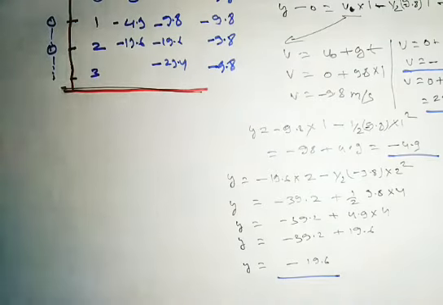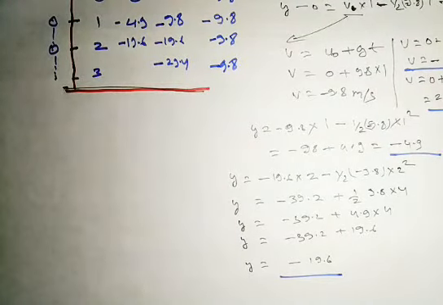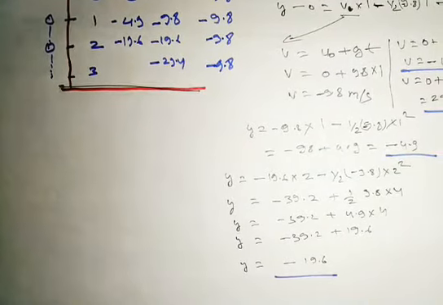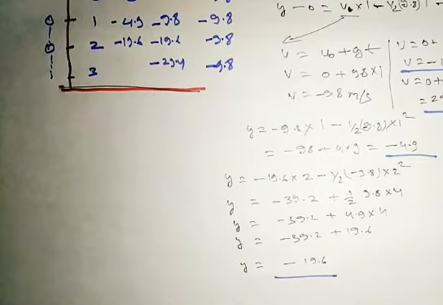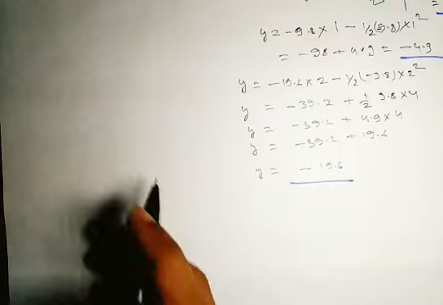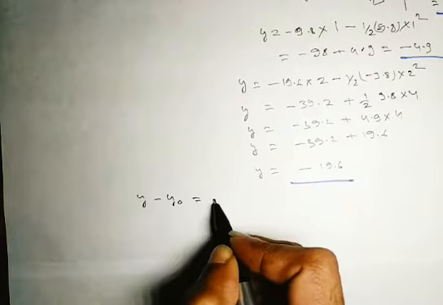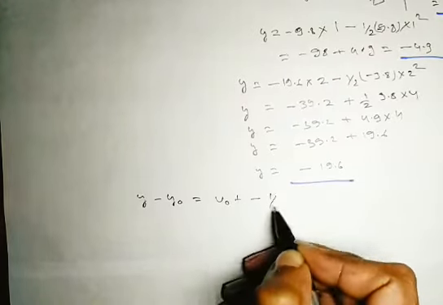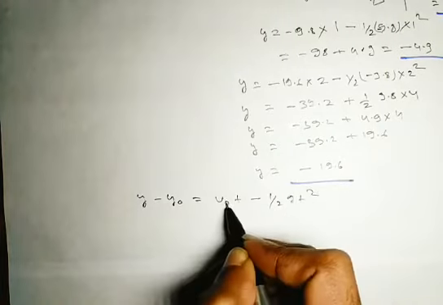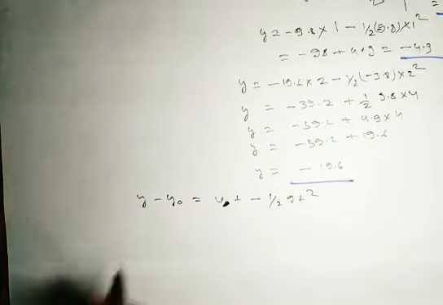So we have to find y here. y minus y naught equal to v naught t minus half g t square, or rather v, not v naught.